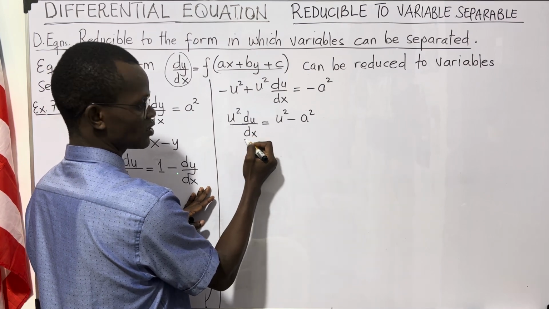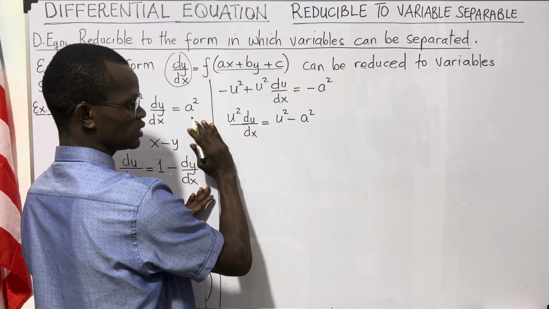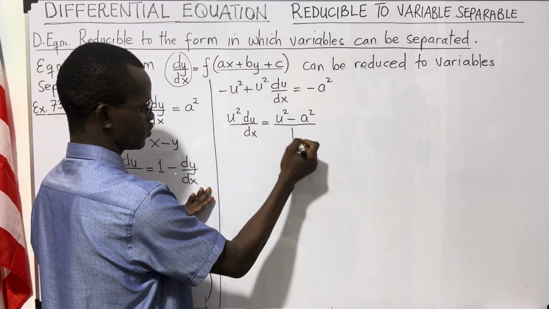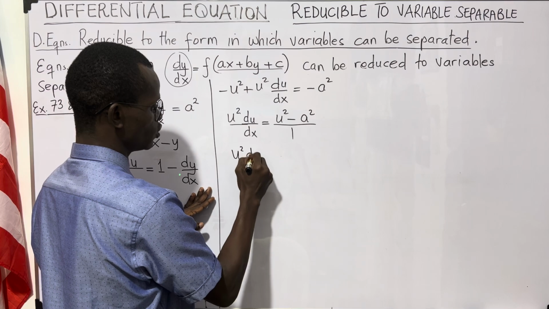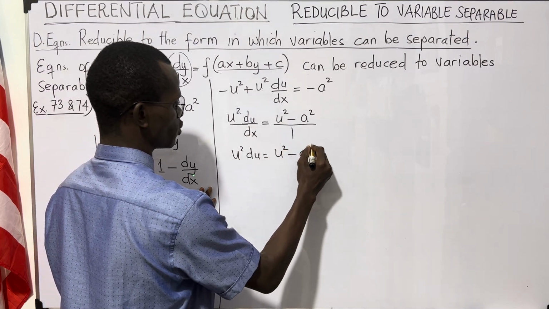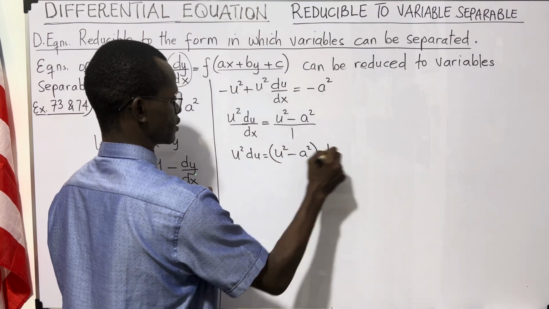We need dx on one side and du on the other so that we can integrate both sides, so we cross multiply.